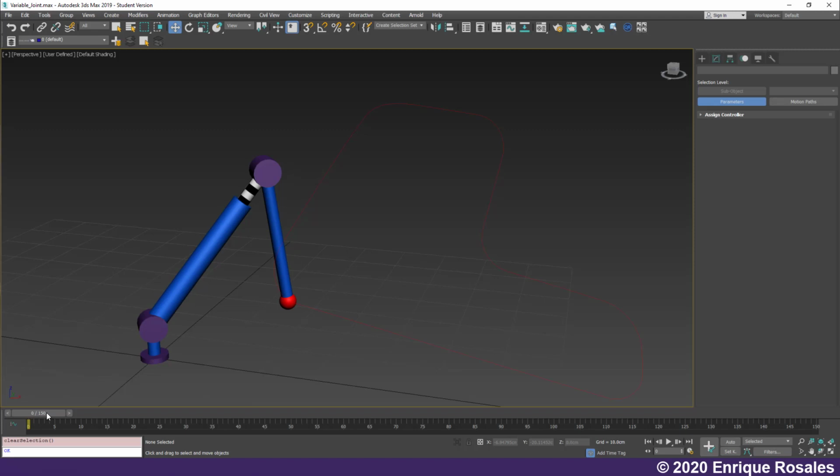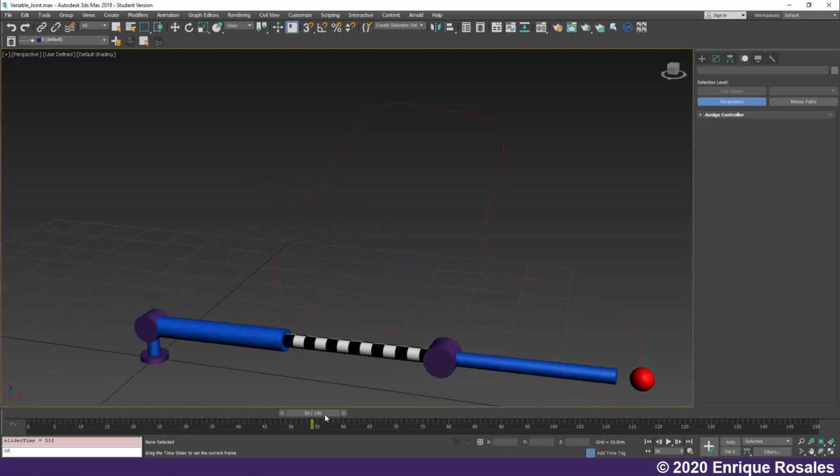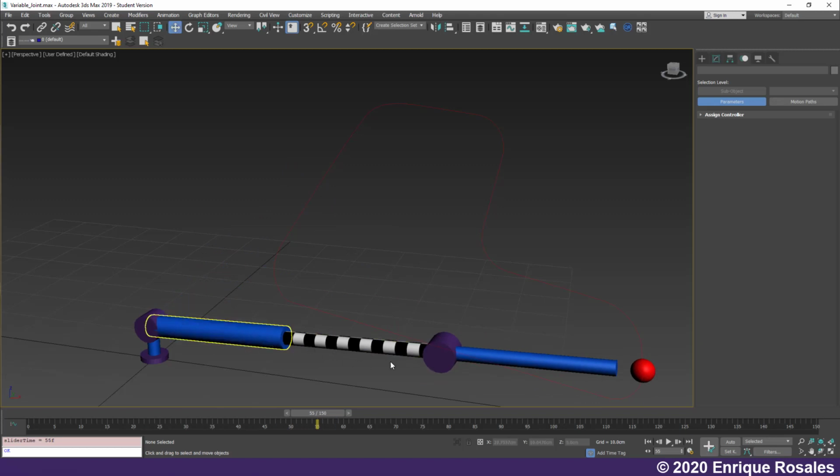So the first link has two distances, a minimal distance and a maximum distance. The maximum distance will be this one, when it's fully extended, right? So this link has variable length, which means that it has two possible distances, a minimal distance and a maximum distance.